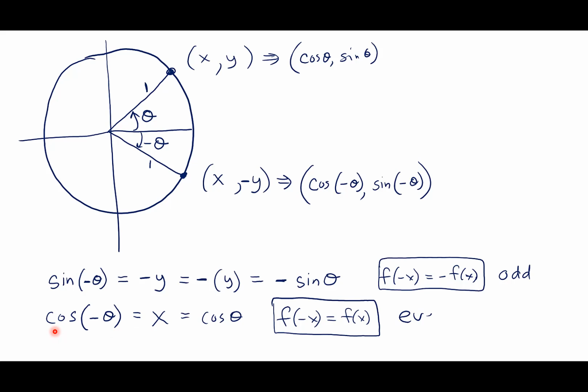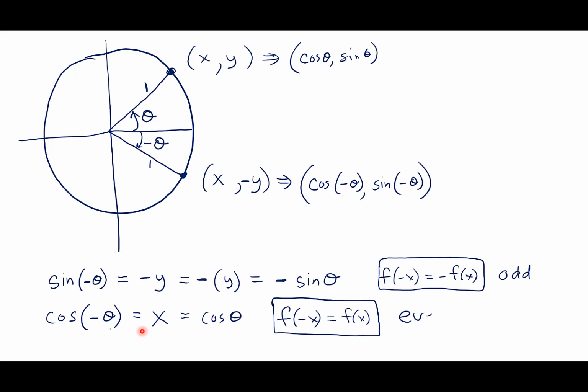Alright, cosine. Let's do cosine. Cosine of negative theta corresponds to the x value here. And the funny thing is, because quadrant 1 and quadrant 4 both have positive x values, the x values are the same. And therefore, cosine of negative theta is the same as cosine of theta.